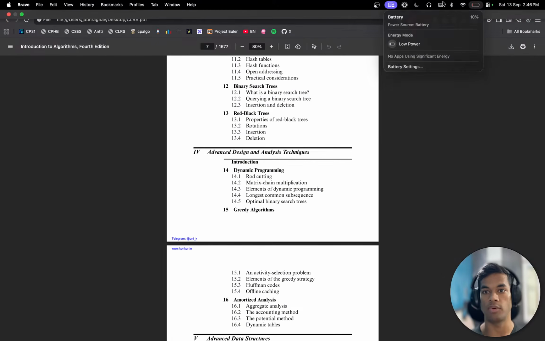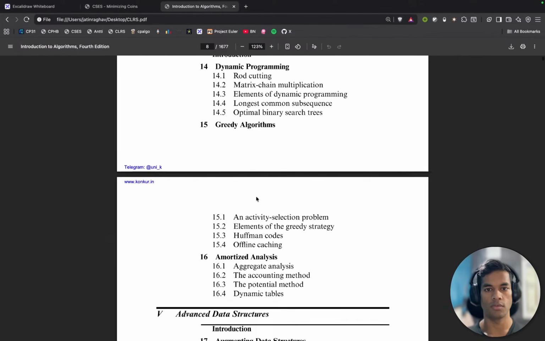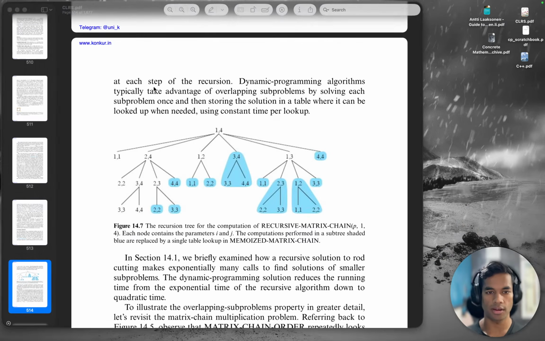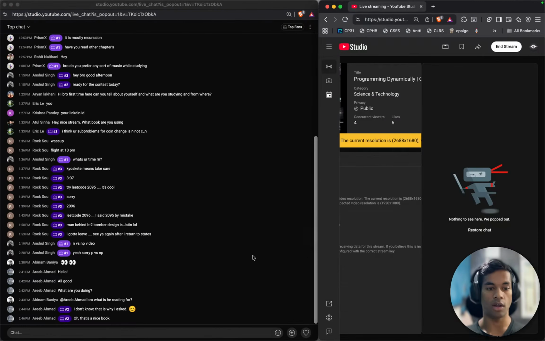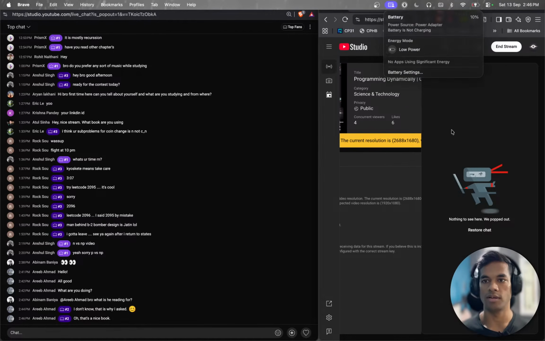Yesterday, we read about matrix chain multiplication, and the day before, we read about rod cutting, and now we are reading about elements of dynamic programming, which is very abstract, but this is going to help us a lot. Yep, that is a nice book. That is, I guess, the best book for algorithms. My laptop is going to die, but that is fine. Now my laptop is not going to die. I'm happy.